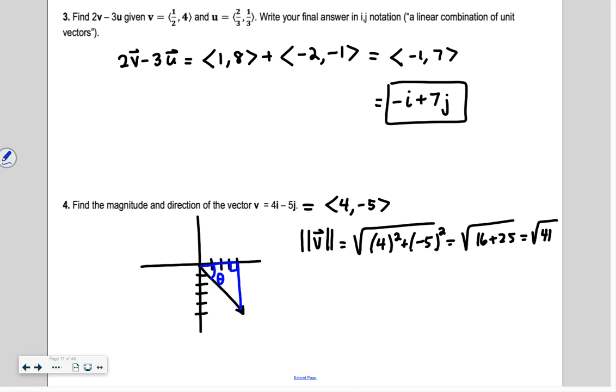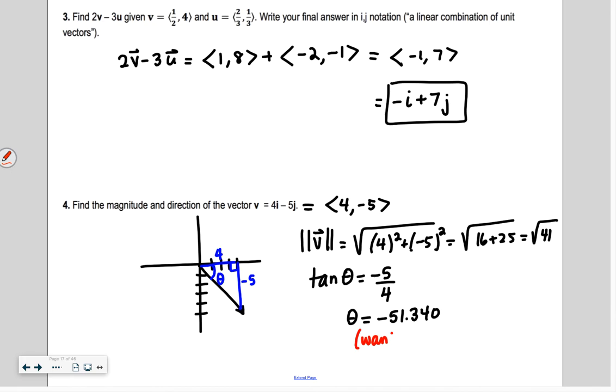This is our theta. We have 4 and we have negative 5. Our formula for theta is the tangent formula: tangent of theta equals opposite, which is always the y value, over adjacent, which is always the x value. So I'm going to have inverse tangent of negative 5/4, and my calculator gives me negative 51.340.